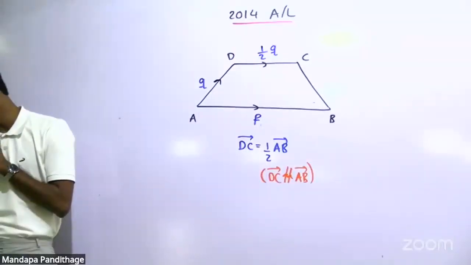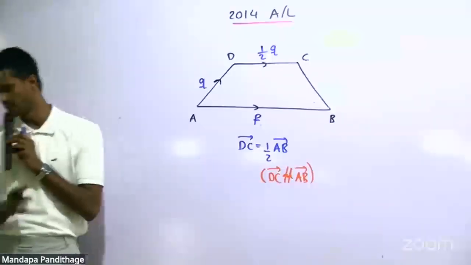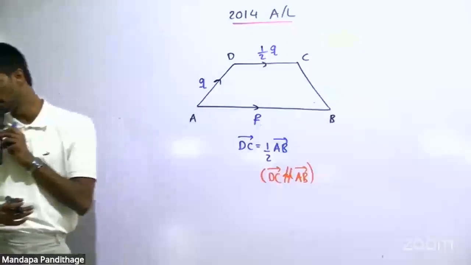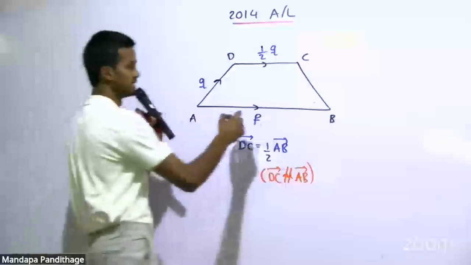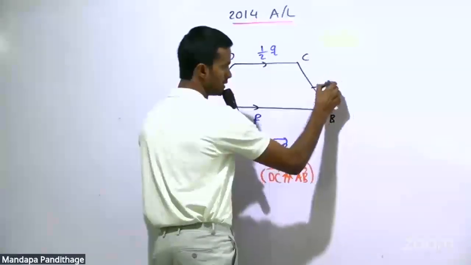E lies on BC such that BE is equal to 1/3 of BC.